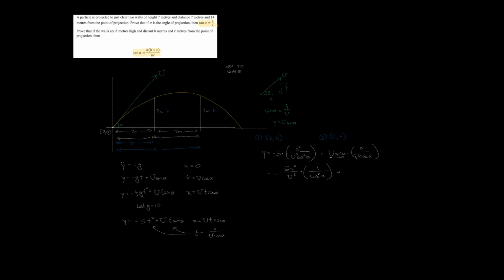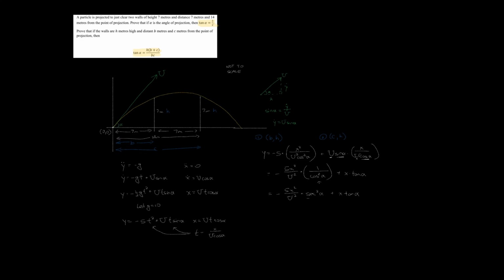This sine over this cos converts to a tan. So this is x times tan alpha. This bit here is actually a sec alpha. So this equals negative 5x squared over u squared times sec squared alpha plus x tan alpha.